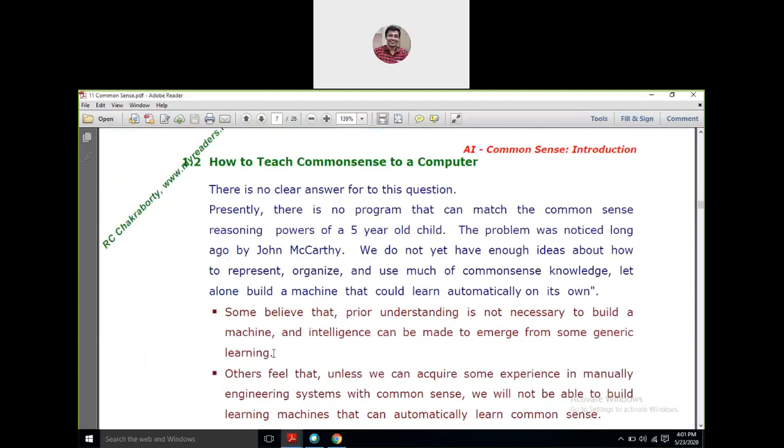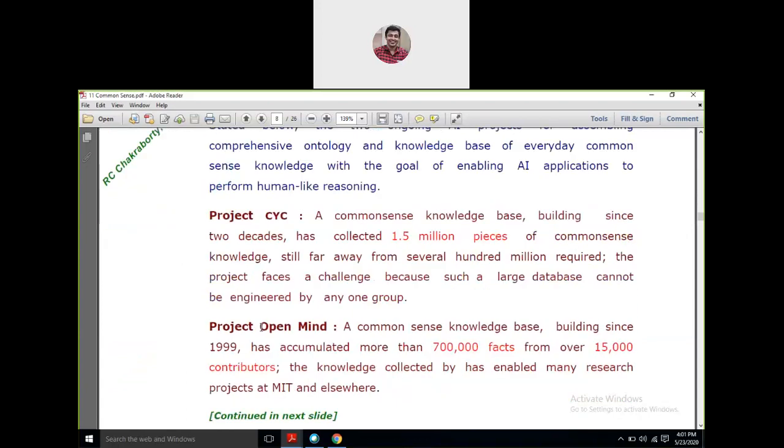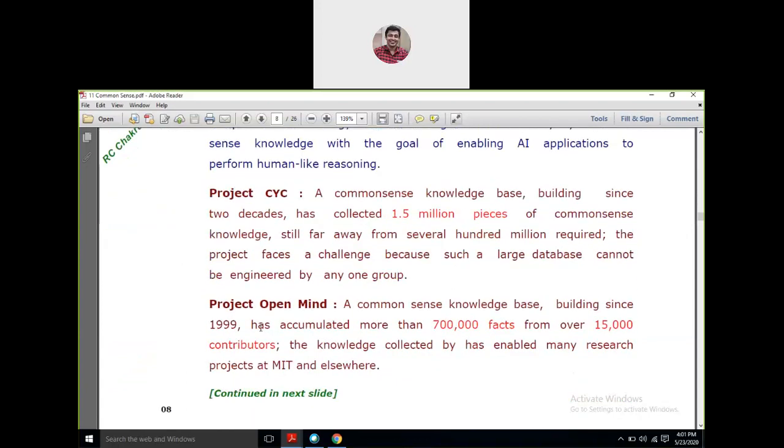How much common sense can a computer have? This is something important, like Project CYC and Project Open Mind. These are the most common things, and the work that has been practically done. The first one is Project CYC, a common sense knowledge base.